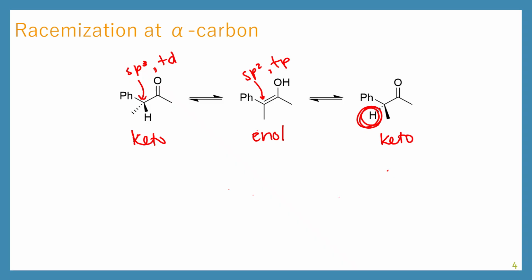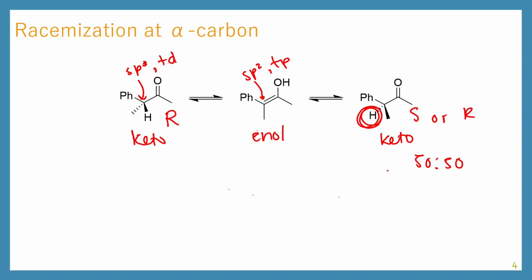So what may have started off as a pure sample of the R enantiomer, like this one, every time it goes through the process of tautomerization and then to the enol form and then back to the keto form, it could come out the S form or the R form until you end up with that 50-50 mixture. Now, this is really more of a concept than it is a reaction.